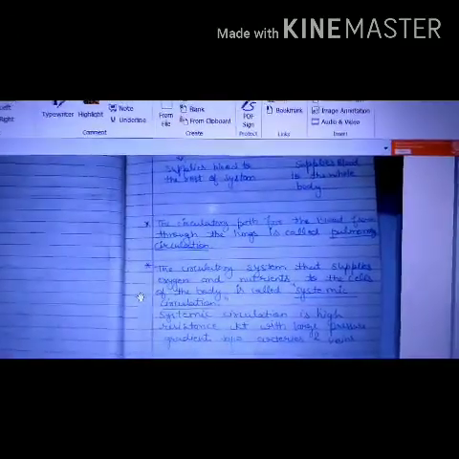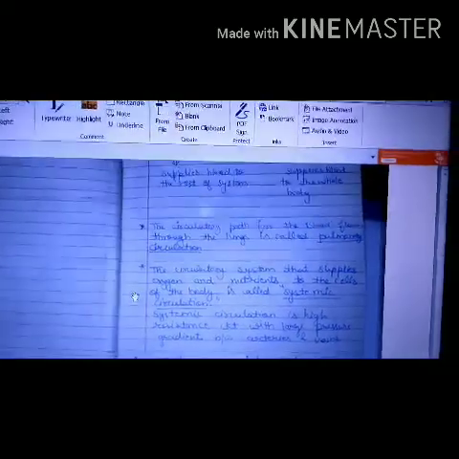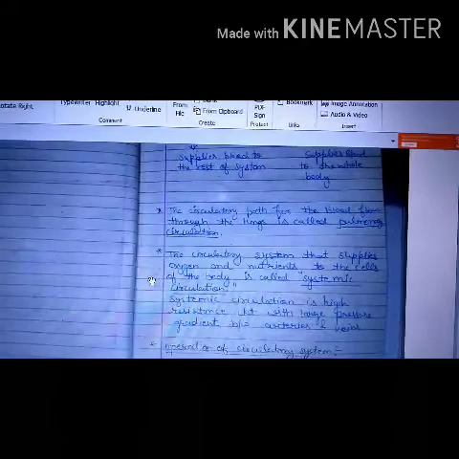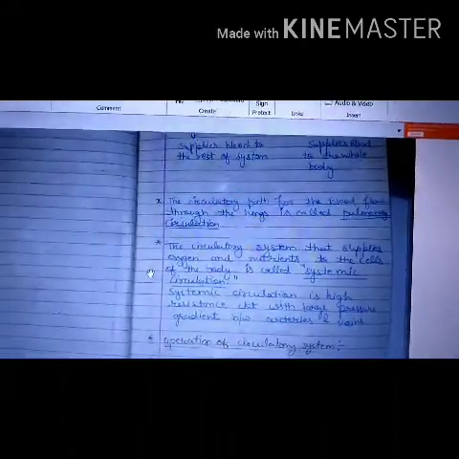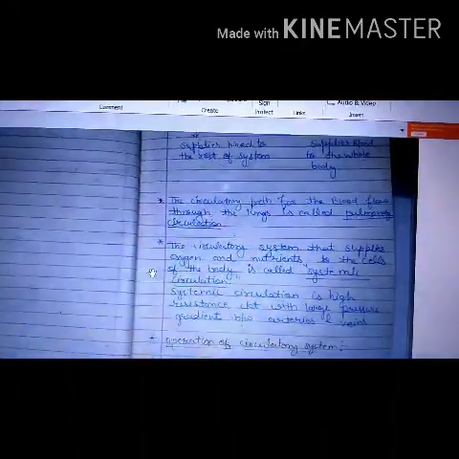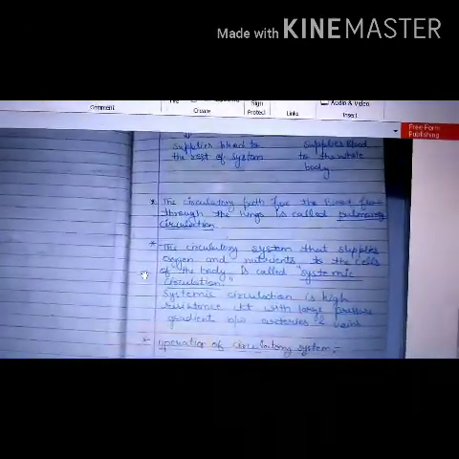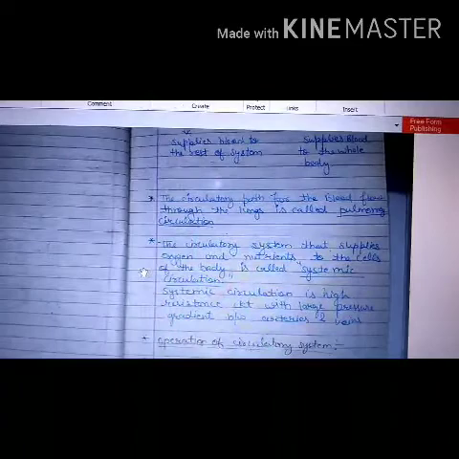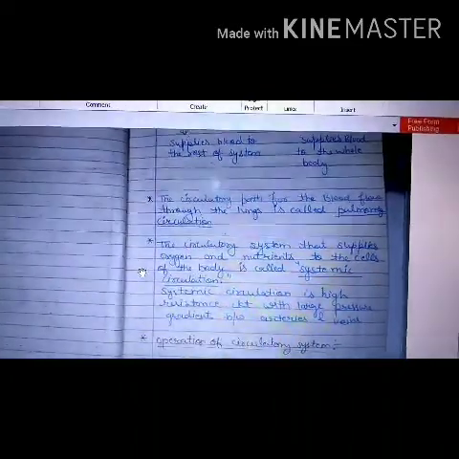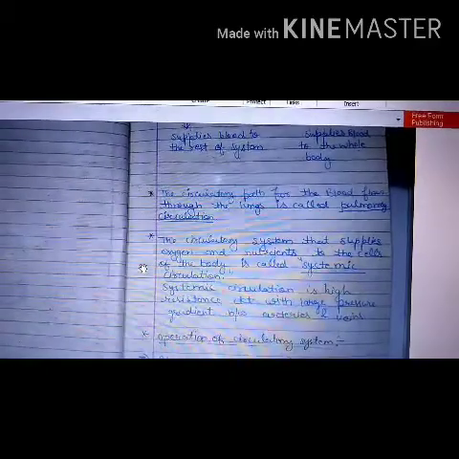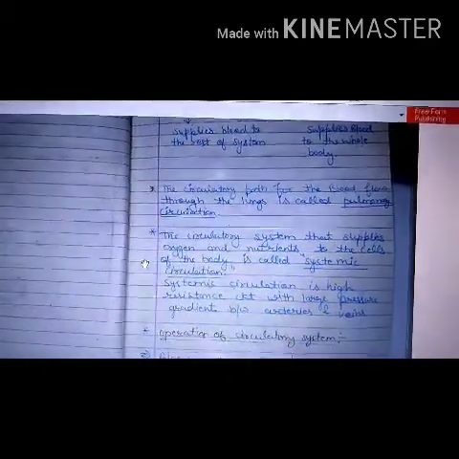Now, the part through which the blood flows through our human body is known as pulmonary circulation. So, the circulatory path for the blood flow through the lungs is called pulmonary circulation. The circulatory system that supplies oxygen and nutrient to the cells of the body is called systemic circulation.